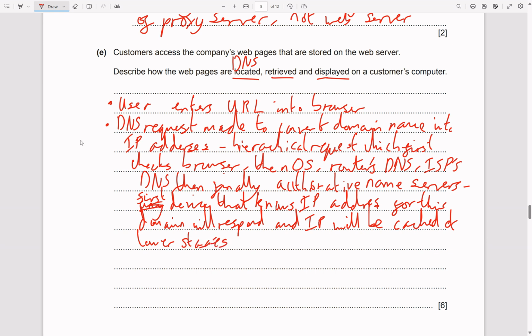Right, so at this point we can say the browser makes request to this IP address. Since it's web pages, let's say makes HTTP, and let's put in brackets HTTPS, request to this IP.